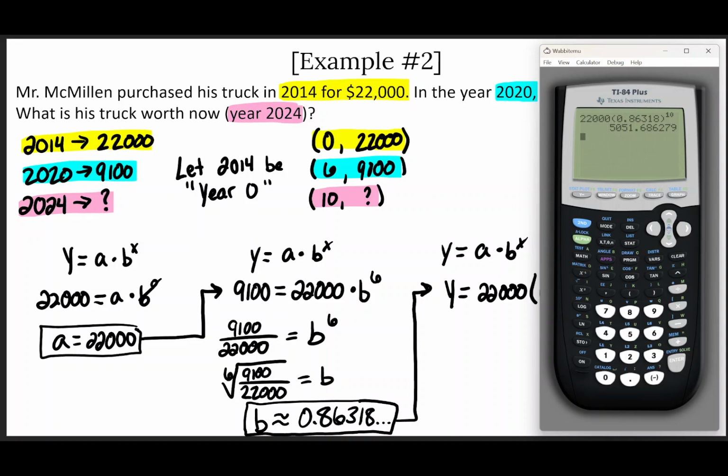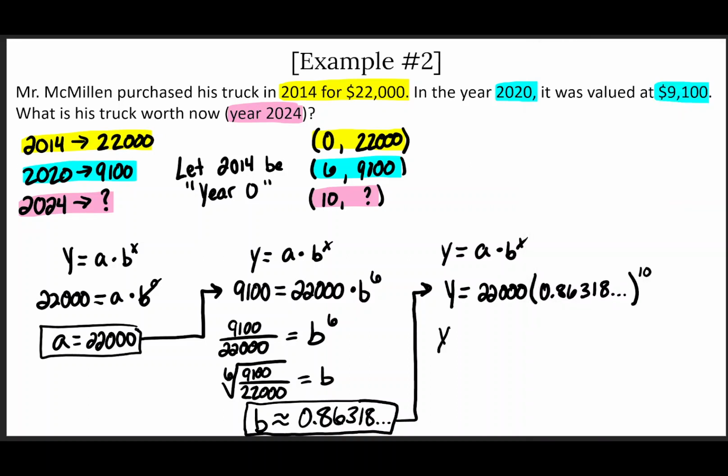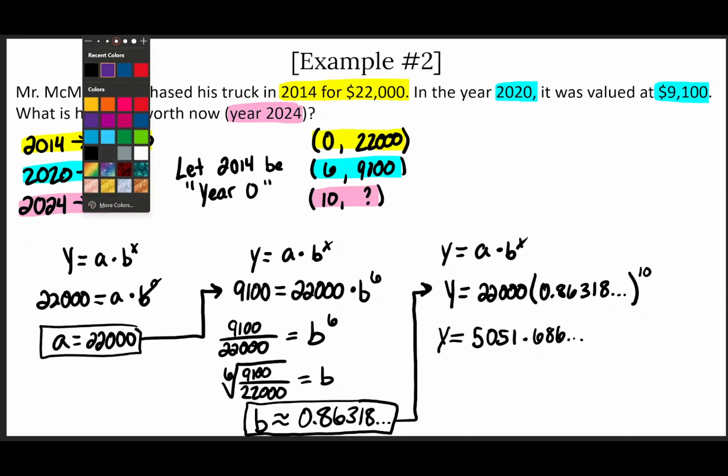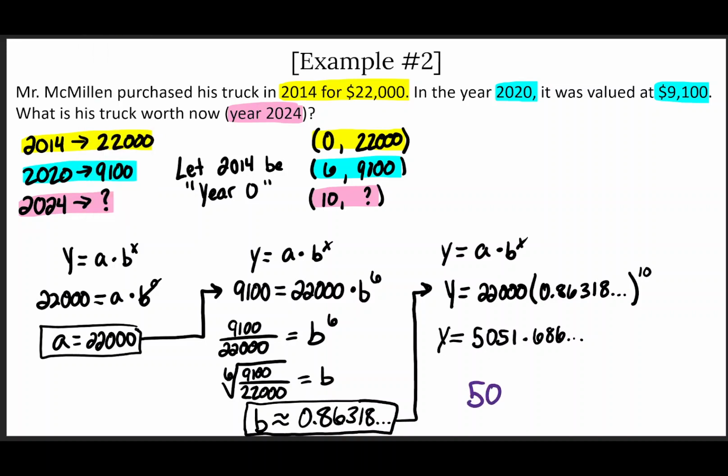So let me write that down. 5051.686 dot dot dot, it keeps going on forever. Let's round it to the nearest dollar. 5,051 and 68 cents would basically round up to $5,052. So my truck is only worth $5,052 compared to what I bought it for. Yikes.